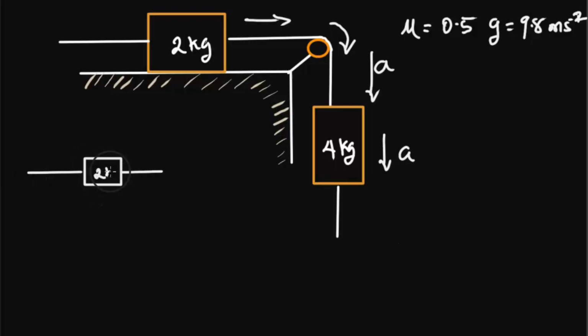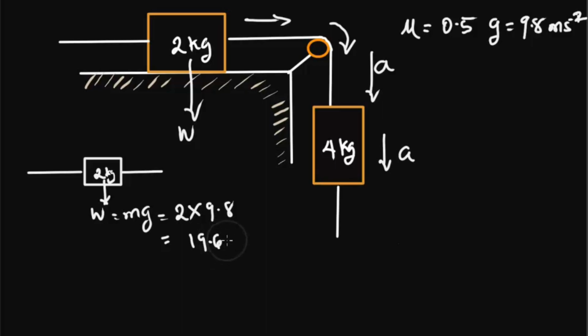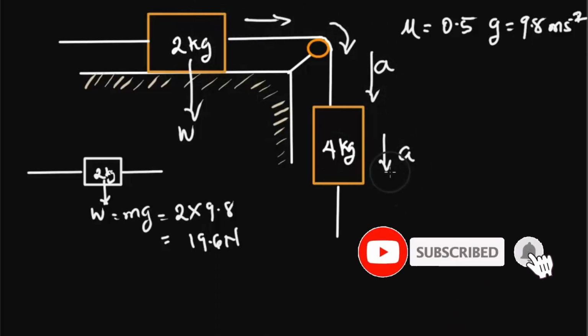The weight of this block acts downwards, and the weight is the mass multiplied by the acceleration due to gravity, which is 2 multiplied by 9.8, and that gives us 19.6 Newton.